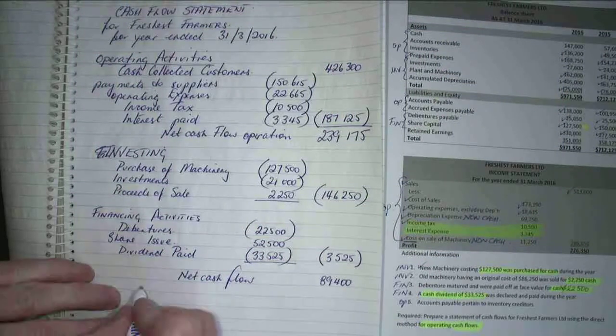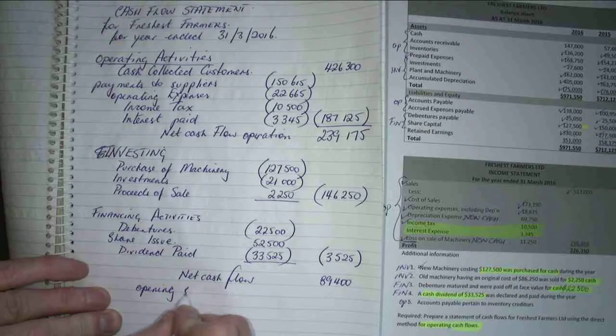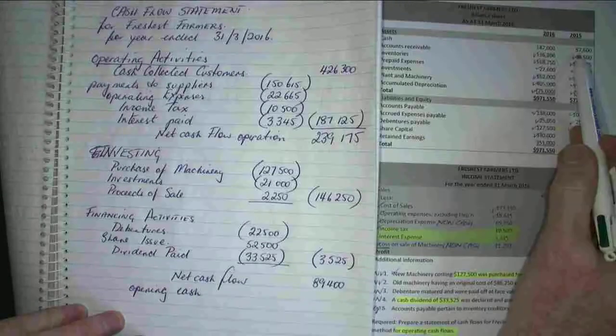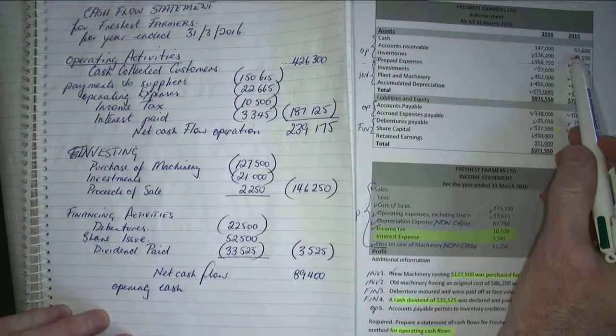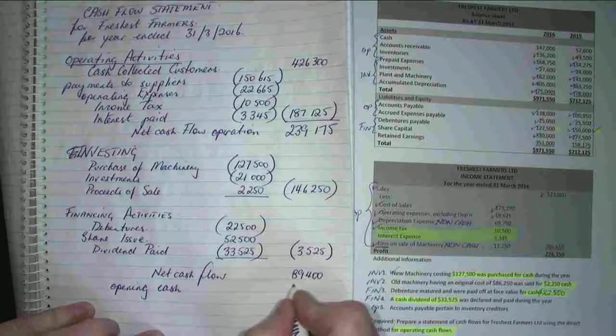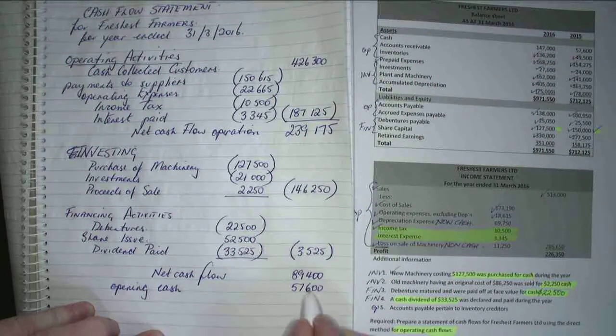Okay. My opening cash position. My opening cash position's up here in the corner, which is from my cash account, 57,600. If I add these two together, I get, what's that?